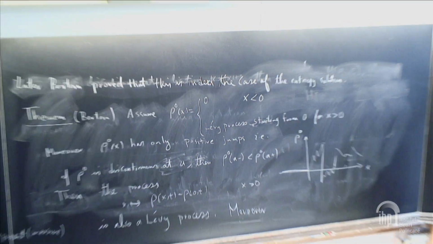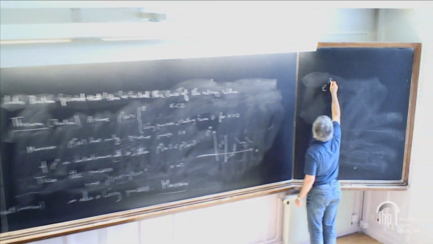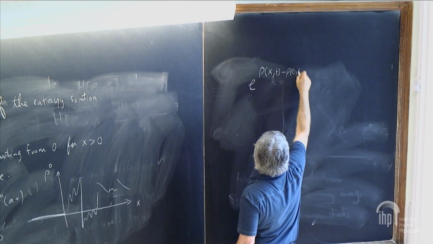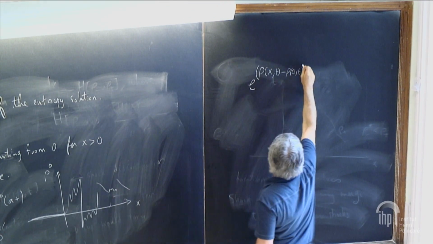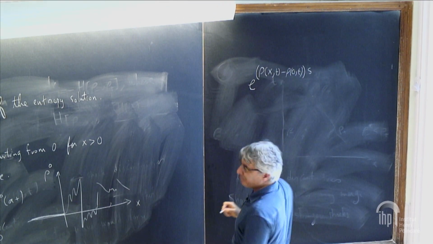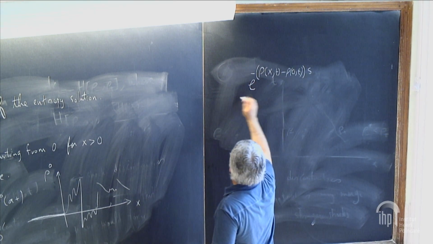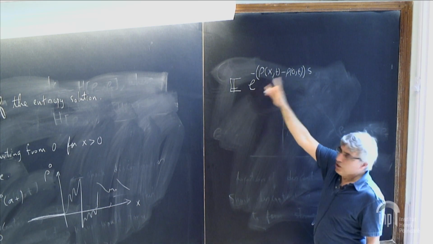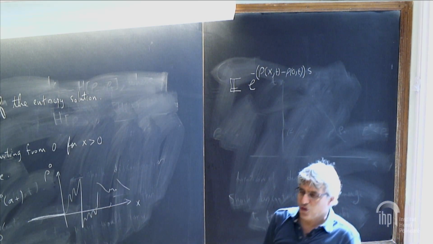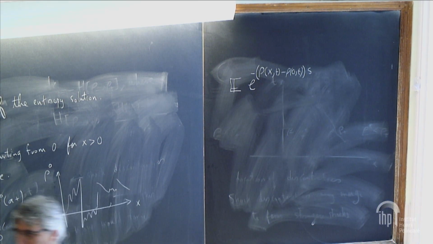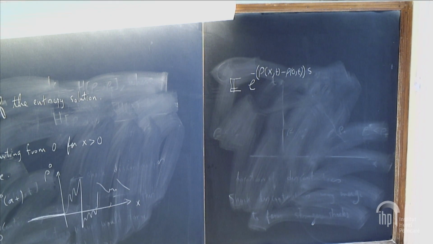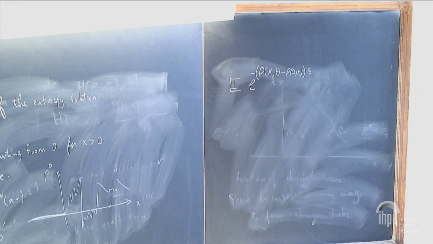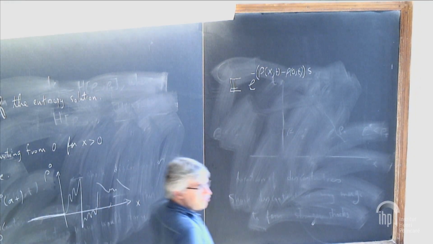Moreover, if you look at E of e to the minus s times rho x t minus rho 0 t, and take the expected value, you have a random guy. Since you're dealing with Lévy random variables, you want to look at the characteristic function, and you hope that you have some explicit formula.